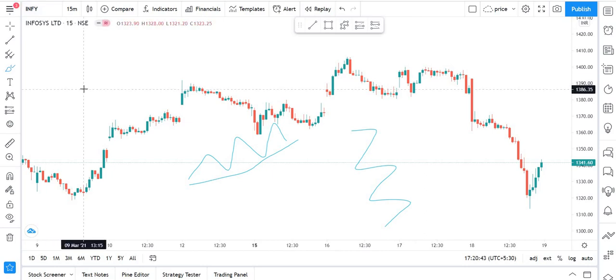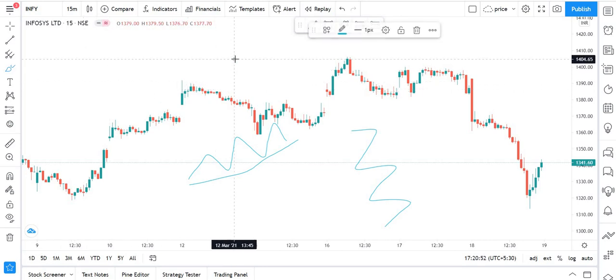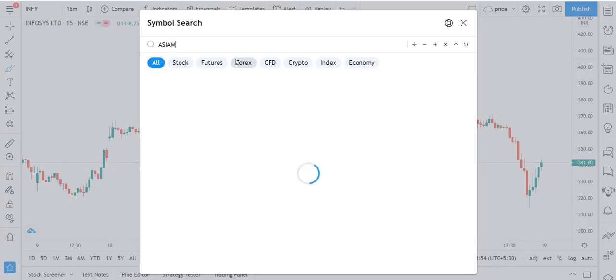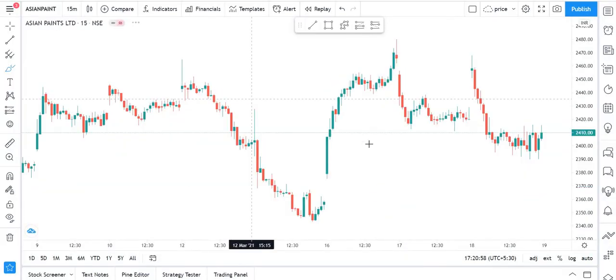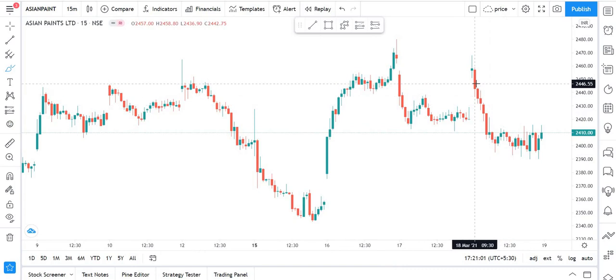Identifying the wave in which we are currently and the fundamental soundness of that particular stock is very important. Let me show you how waves look like. Let me show you the advancing waves, which are very similar to an uptrend. Let's open the chart of Asian Paints.